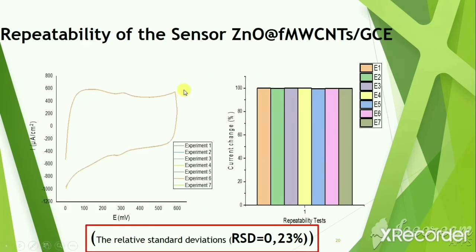To check the repeatability, we kept the same conditions, same modification, same electrode, and we repeated the experiment 7 times. And as you can see, the RSD here is negligible, around 0%. So we can say that our sensor is stable, reproducible, and repeatable.